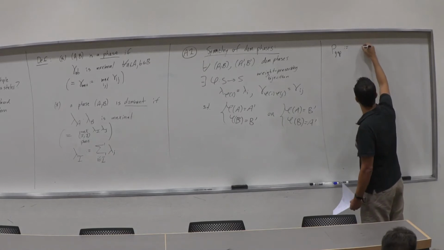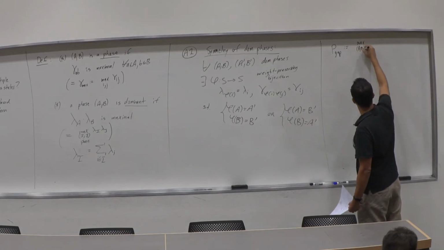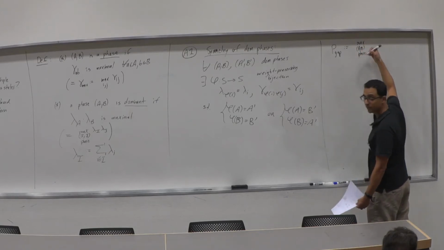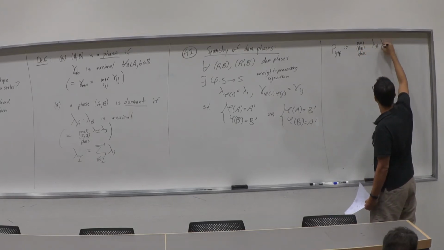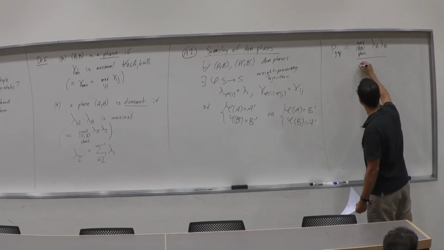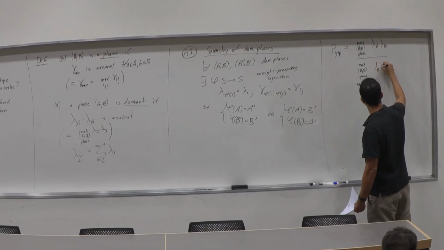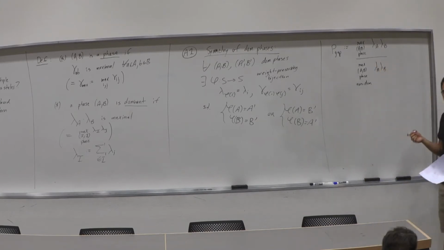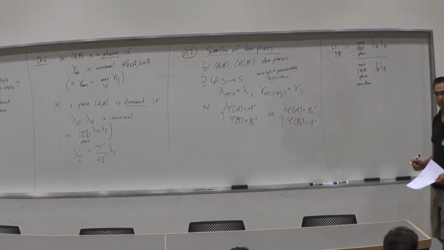This is just the ratio between the largest weight of a phase, that is the weight of a dominant phase, and the weight of the next subdominant phase. So maximum over all A, B which are phases, but which are not dominant. This is a quantity which is always strictly greater than 1. The larger it is, the larger the gap is.